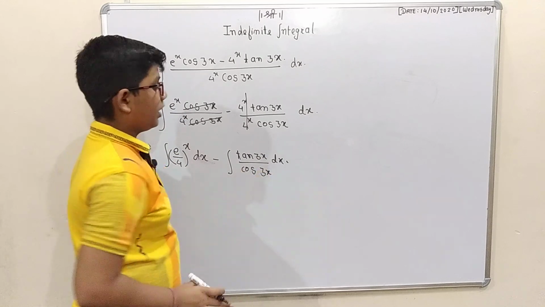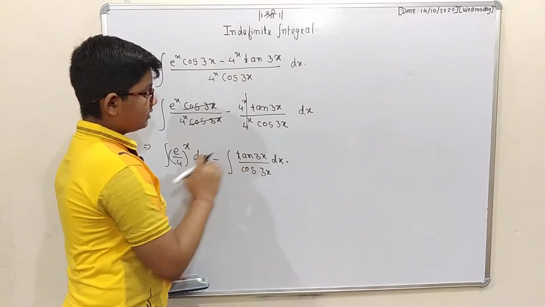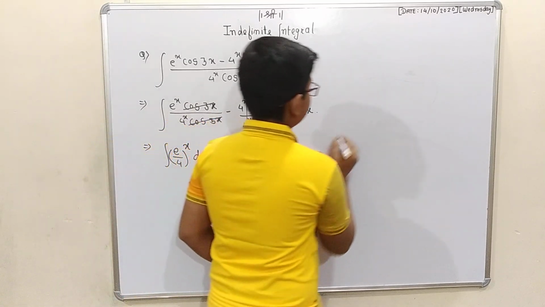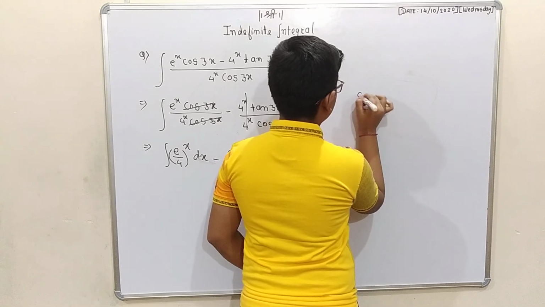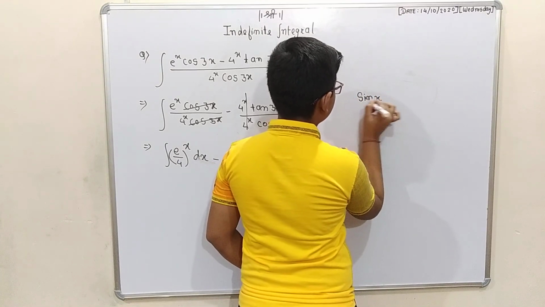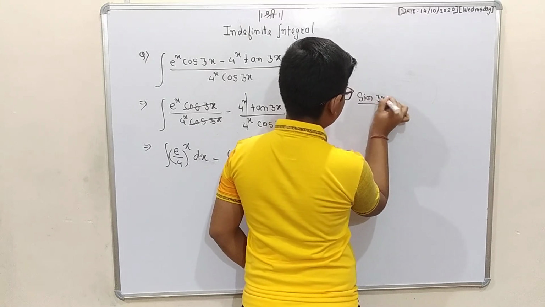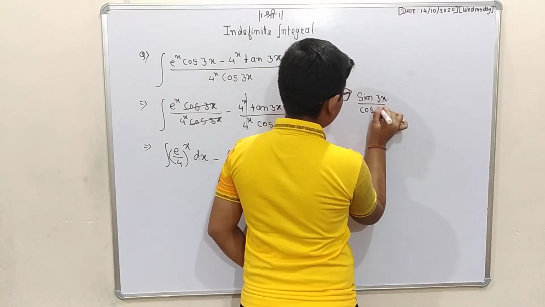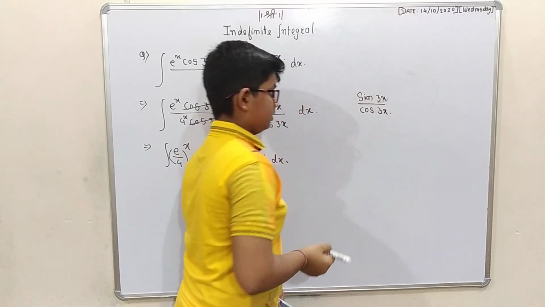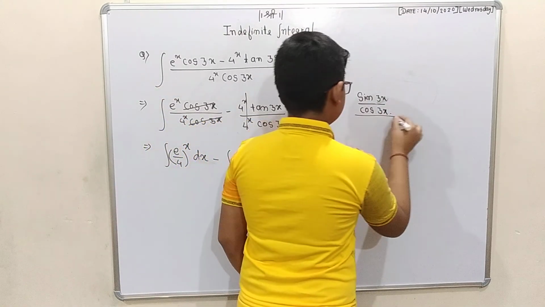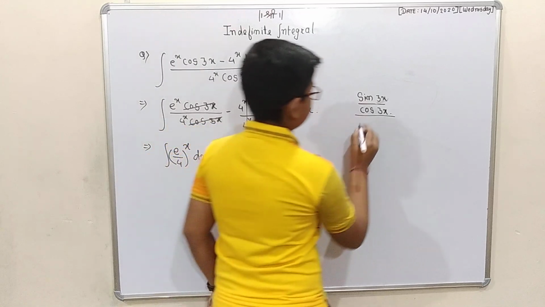Tan 3x divided by cos 3x. Tan 3x can be written as sin 3x divided by cos 3x, and it is divided by cos 3x.